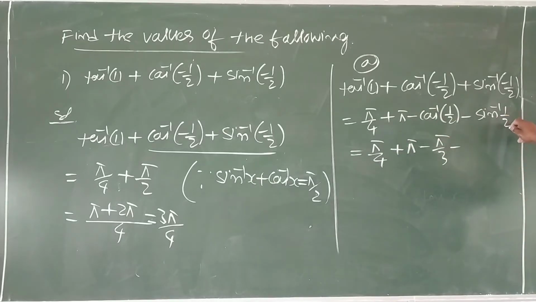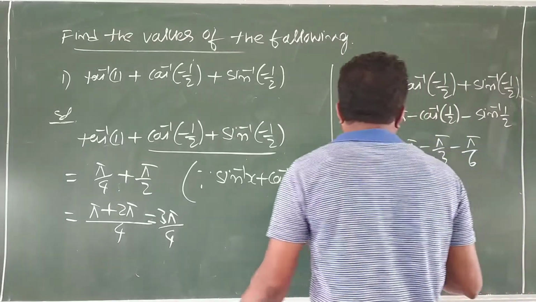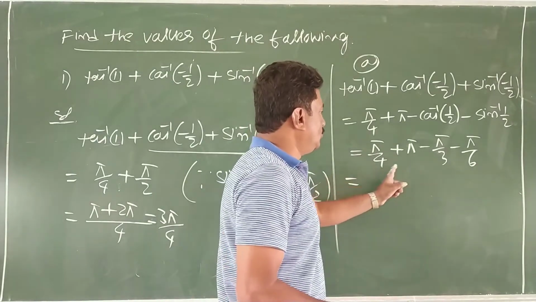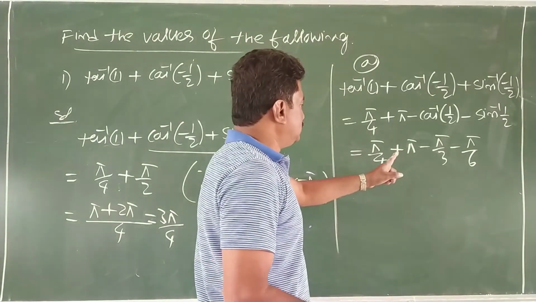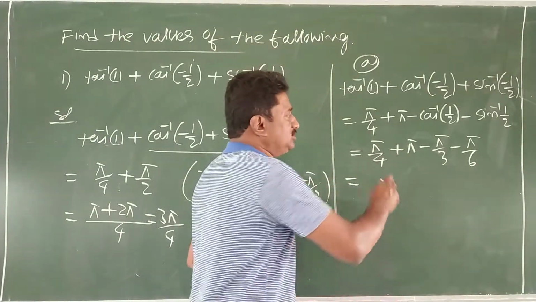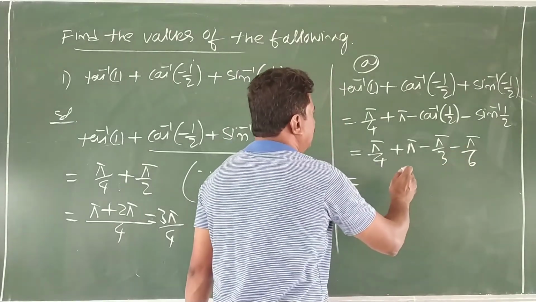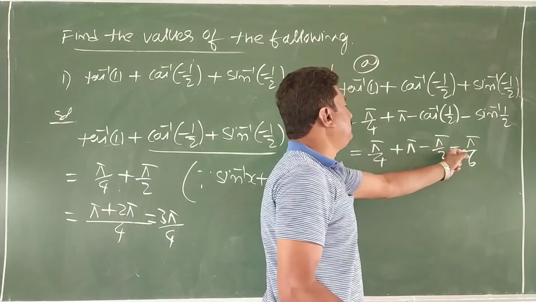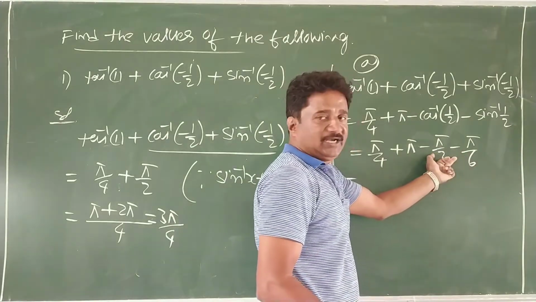Minus, for this number 1 by 2, sin takes 30 degrees, pi by 6. Now think of simplifying this. What is the LCM of these numbers? 12. Find out the LCM. Otherwise, minus 30, minus 60, minus 30, minus 90.